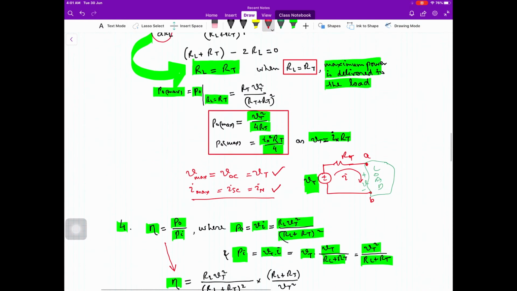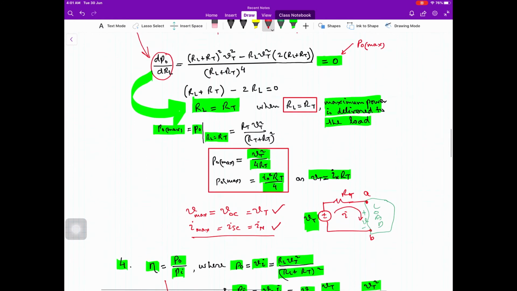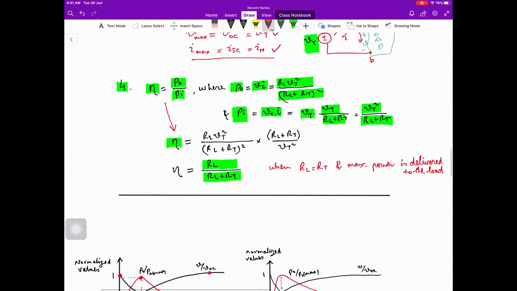Here, if we see above, this condition, RL is equal to RT, ensures the maximum power output. We substitute here RL equal to RT, and we will see that this power efficiency is equal to 1 by 2, or in percentage this is 50% power efficiency.